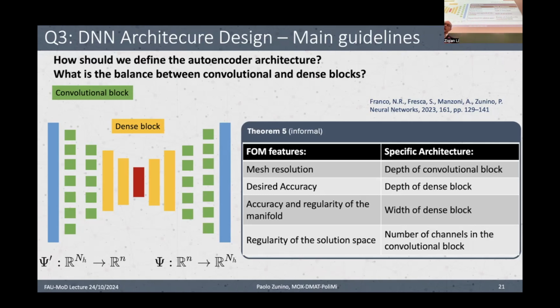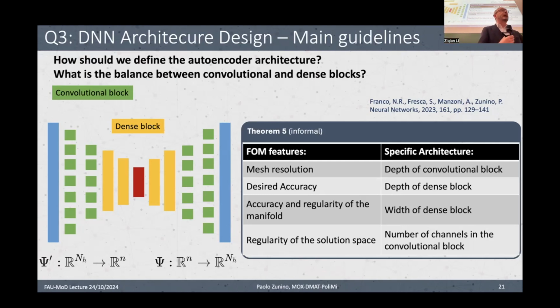And in this type of configuration, we were able to establish some quite precise guidelines that link the characteristics of the full order model, in terms of, for example, mesh resolution and regularity, and the specific architectures of these layers. For example, we were able to understand and prove that the mesh resolution of our full order model affects the depth of the convolutional block. So the finer the mesh in our application, the more convolutional blocks we have to use at the periphery. The desired accuracy that we want to achieve affects the depth of the dense block.